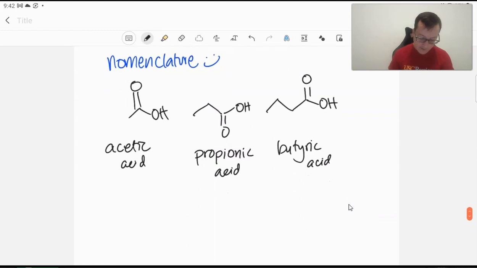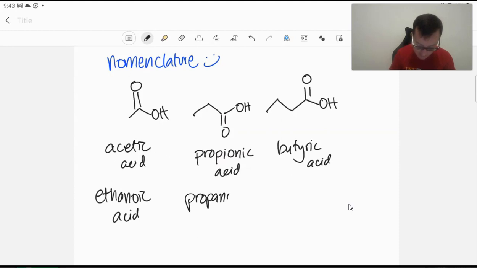Okay, if we were to name them in IUPAC, like standard systematic naming, we would say that this one is ethanoic acid. This one is propanoic acid. And butanoic acid.